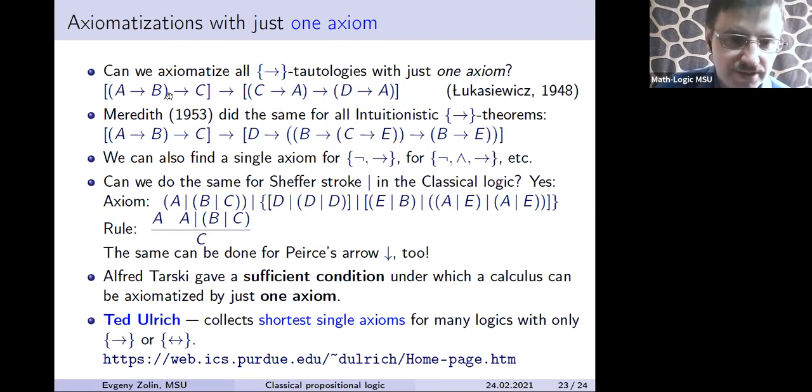It has 4 variables and 3 implications, or rather 7 variables and 6 implications. 7 plus 6. You can't do shorter. And he collects many other axioms that have the same property, but have the same length. For classical logic, for intuitionistic logic, relevant logic, and for many other calculi. So this is a page where he puts all this stuff.